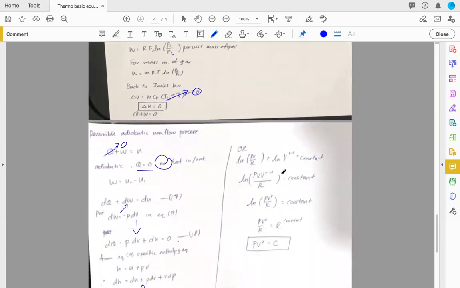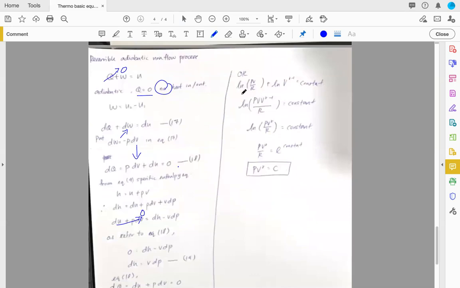Then I have ln (PV over R) plus ln V to the power of gamma minus 1 equals constant. Then I sort this out and move the ln to this side.